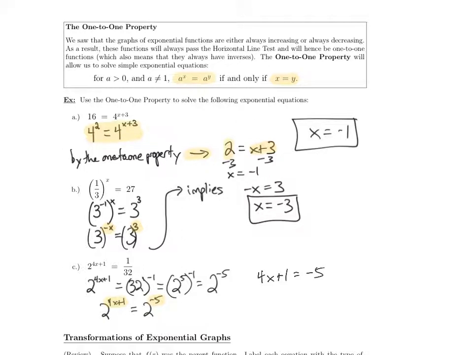Now I get to solve that, which leads me to 4x is equal to -6, which leads me to x is -6/4, which reduces to x is -3/2. So we are able to solve all these exponential equations simply by getting them to the same base.